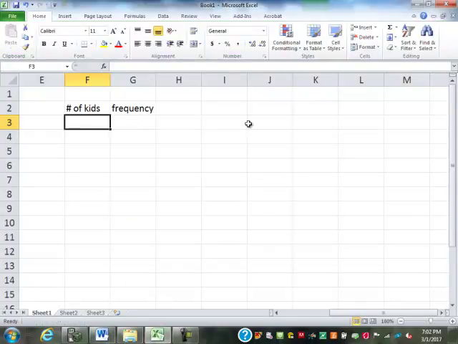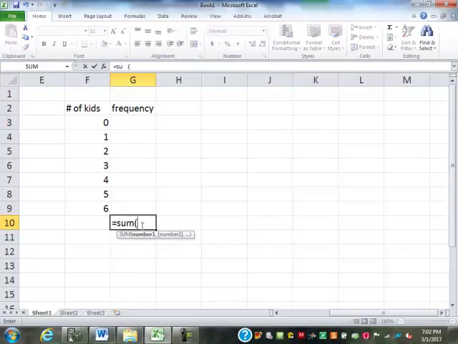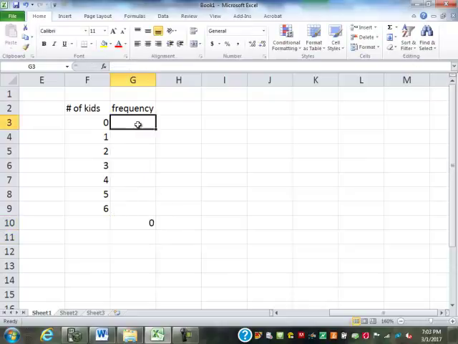So let's say I'm looking at the number of kids that students have. Let's say none of my students have more than 6 kids, and we're going to give this a frequency. I'm going to make this easy on myself. Let's say I have like 140 students this semester.